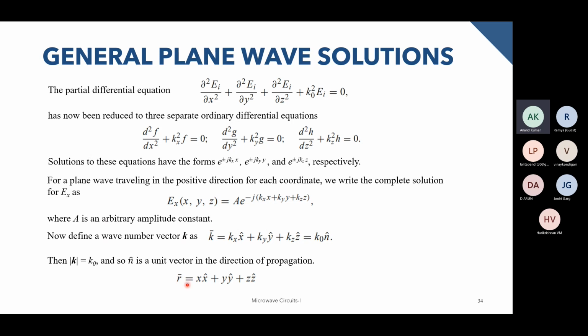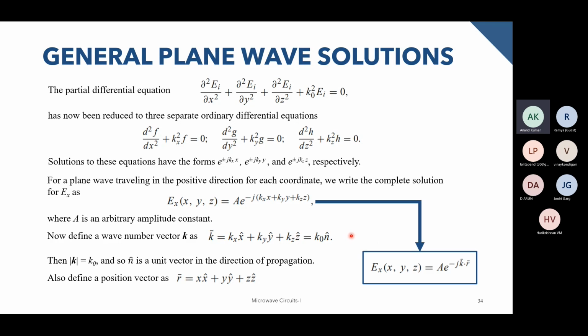And again, we define this vector r as the point in space, and using r and k and this expression, we can write the final solution for the E field in terms of A e power minus j k dot r.